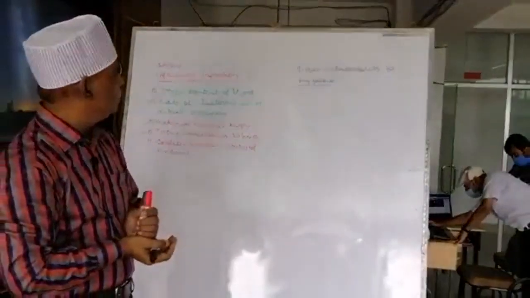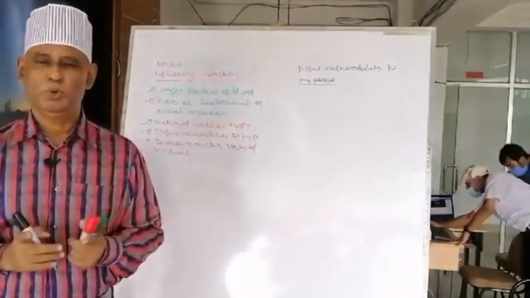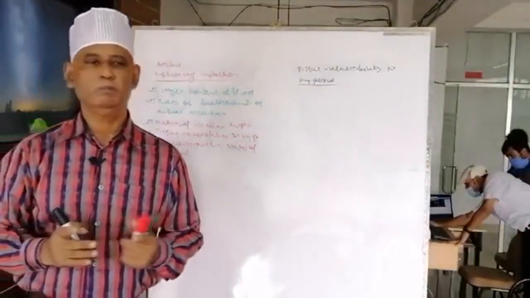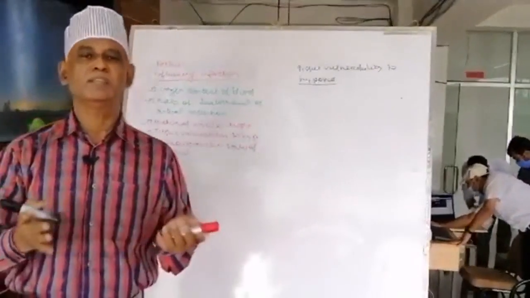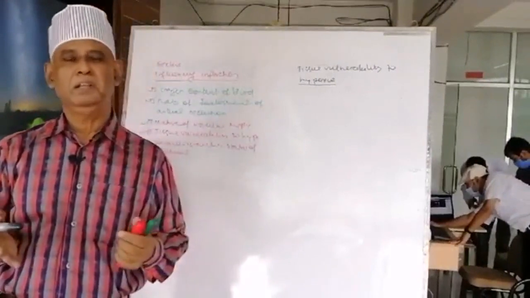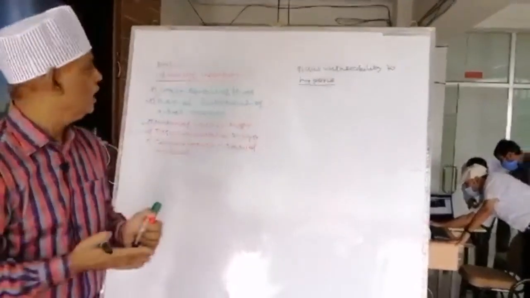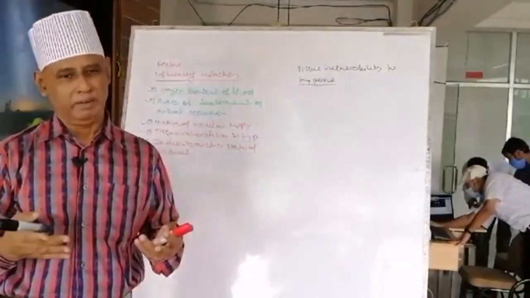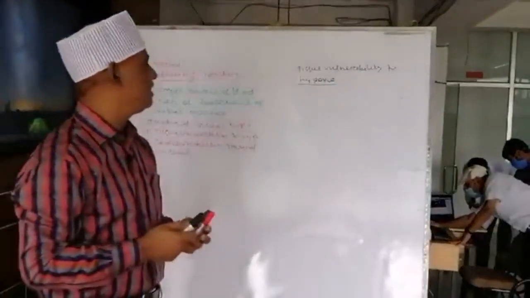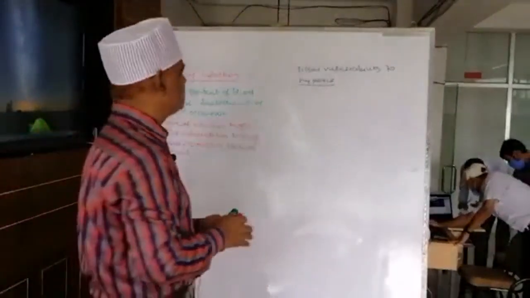Some tissue is more sensitive to hypoxia and prone to develop infarction immediately, and some tissues are less sensitive to hypoxia, and if there is development of infarction it will be delayed. This is called tissue vulnerability to hypoxia. Now come to examples.